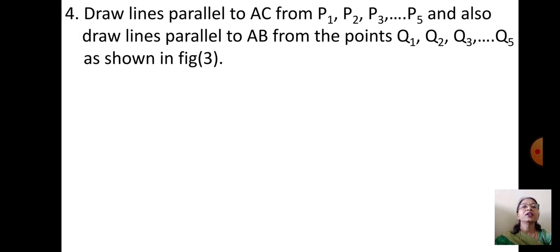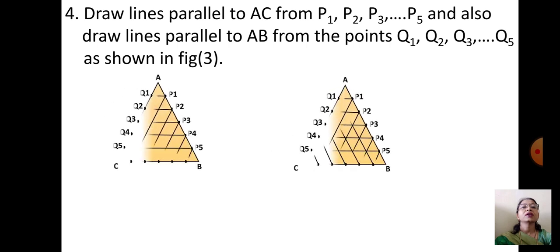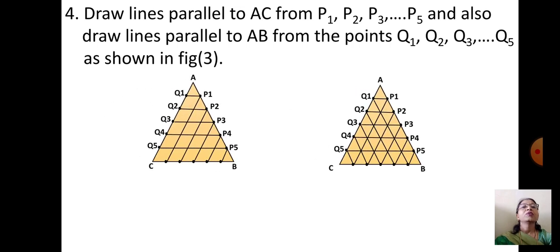Now after this, you take the third cutout and draw lines parallel to AC starting from P1. Then the second line from P2. So all these lines should be parallel to side AC.